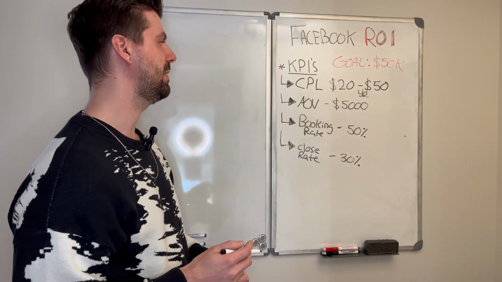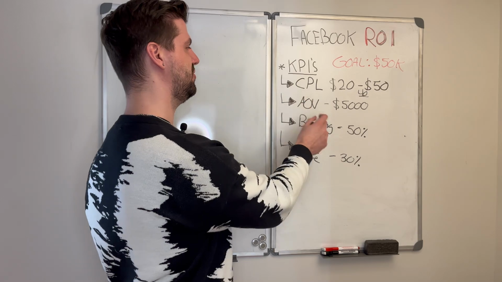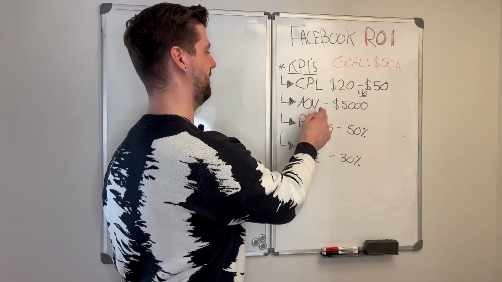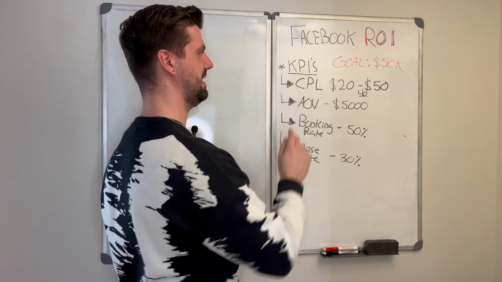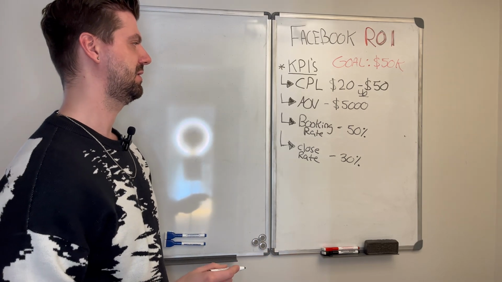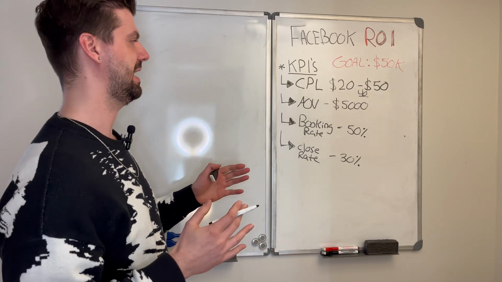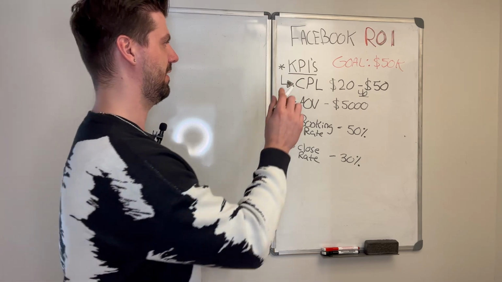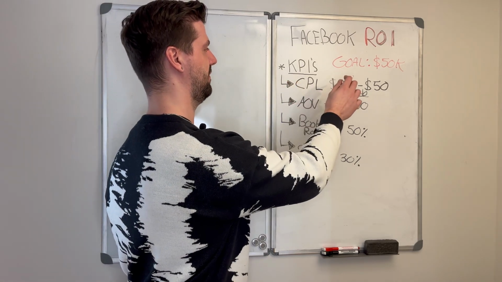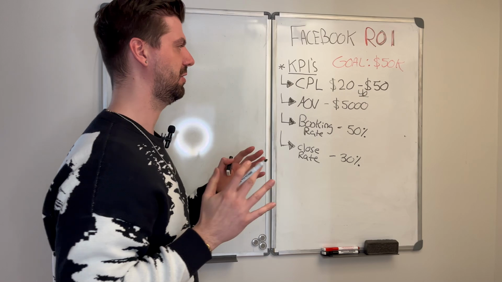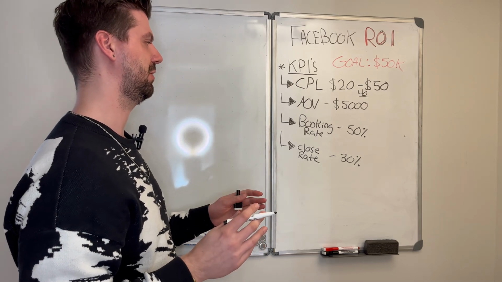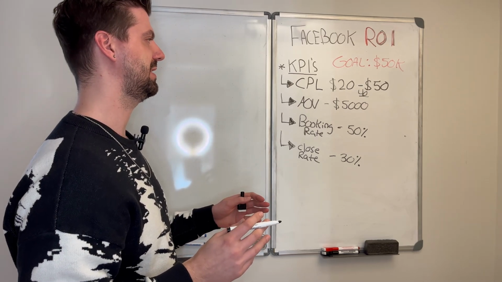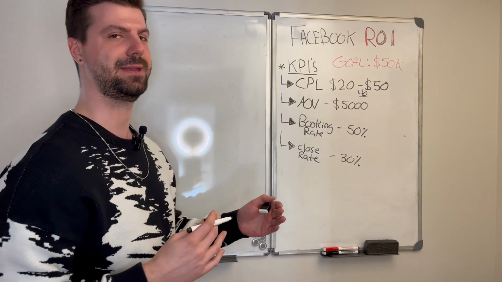So that means that we need to sell 10 jobs a month at $5,000 to make $50,000, right? So we've got 10 of those jobs out of 50K. So we got to close 10 jobs. How are we going to close 10 jobs? Well, let's just work backwards from there, right?